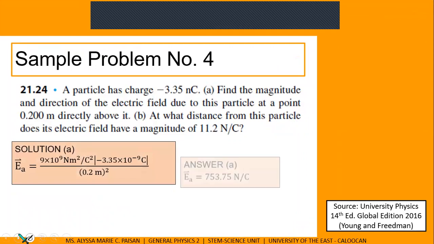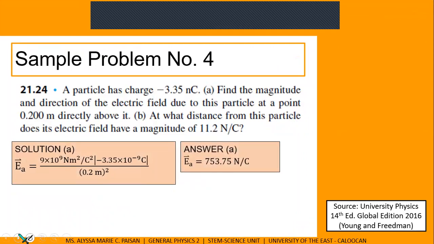Yan, sinubstitute ko lang. And then we get 753.75 Newton per coulomb. Tapos ang direction niya, kung nasa taas, would be downward. Hala, bakit ganun, ma'am? Bakit downward? No? Kasi negative ang ating point charge.